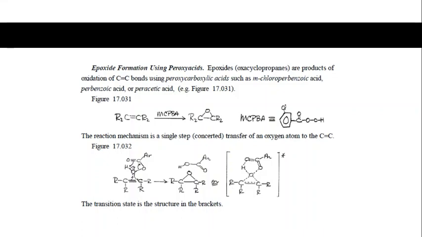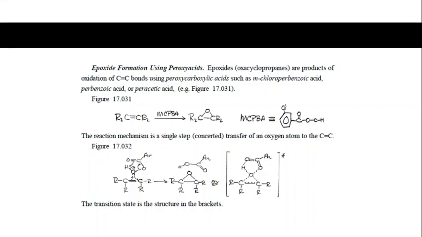On the left side you can see how it is attacking. First of all, the oxygen attacks one of the carbons. After the attack, this double bond is pushed towards the oxygen. So once it is attacking, the bond of the oxygen is now shifting towards the carbon and oxygen.